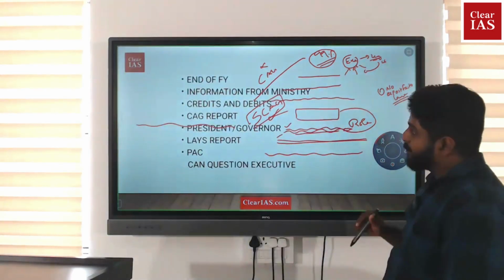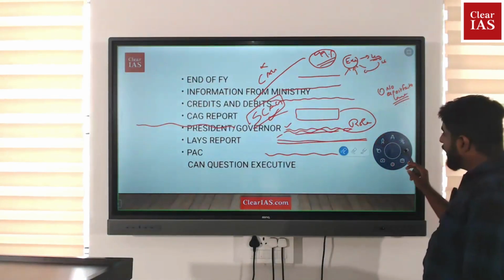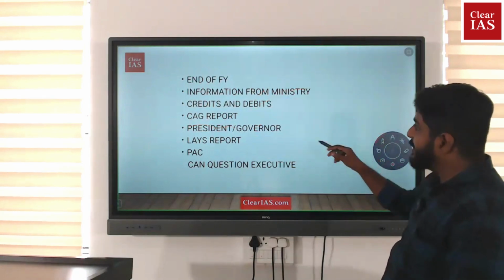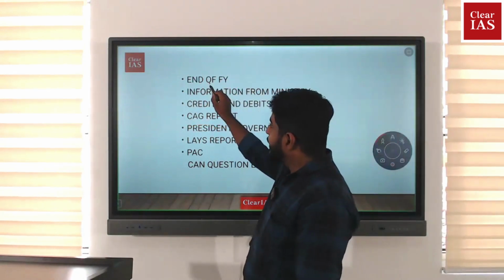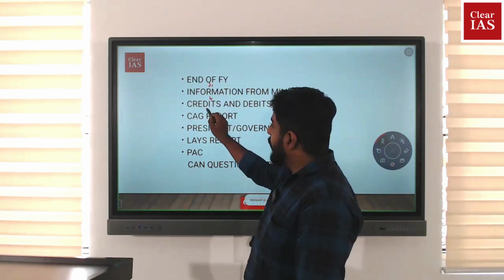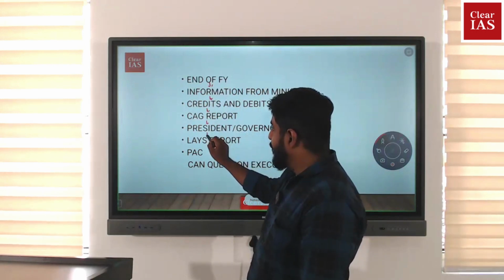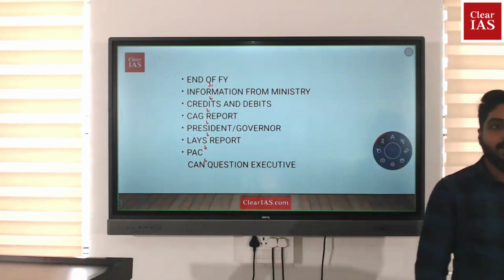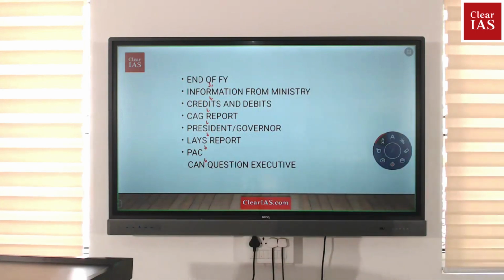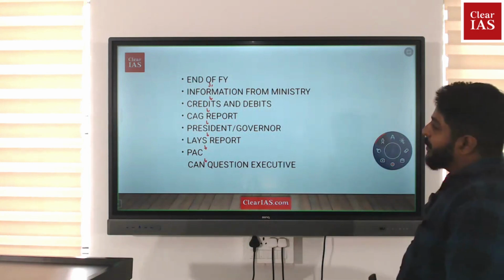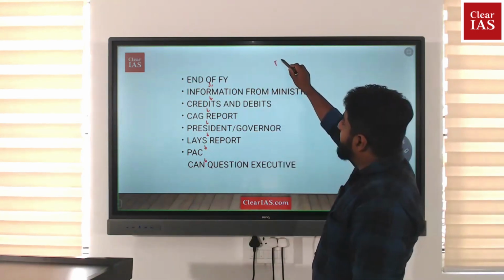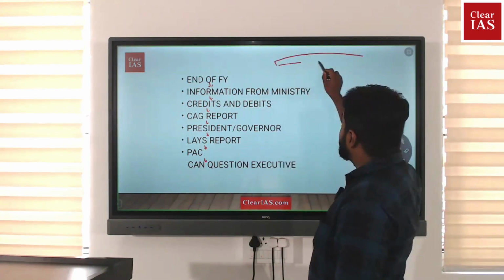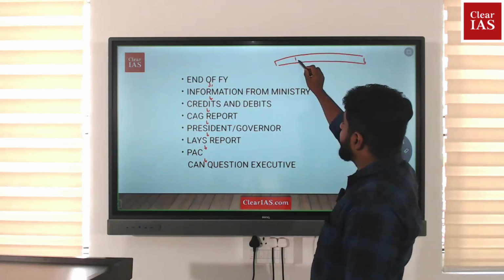Now, what will he basically be doing? I'll be giving you exactly how the Comptroller and Auditor General of India will be performing. This is just like a flow chart. You can understand what is exactly happening. Say, for example, there might be different departments or ministries, isn't it?